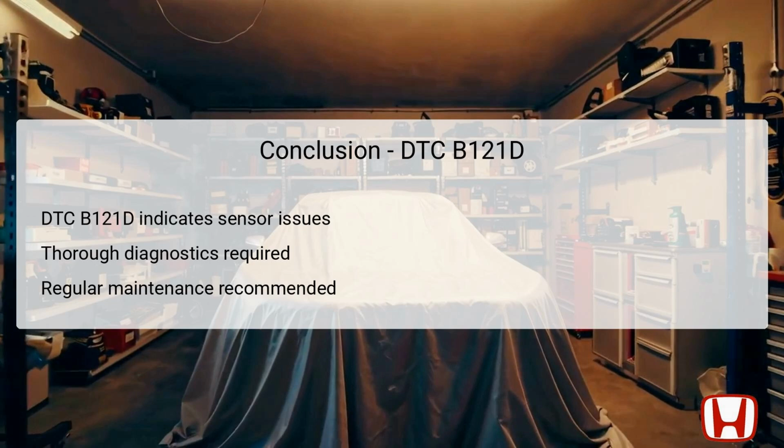Regular maintenance and inspections of the sensor and associated wiring can aid in preventing future failures. Understanding the importance of each component and conducting timely repairs will foster optimal performance and prolong the vehicle's lifespan. With proactive measures, drivers can maintain their Honda Civic's performance and avoid potential disruptions.